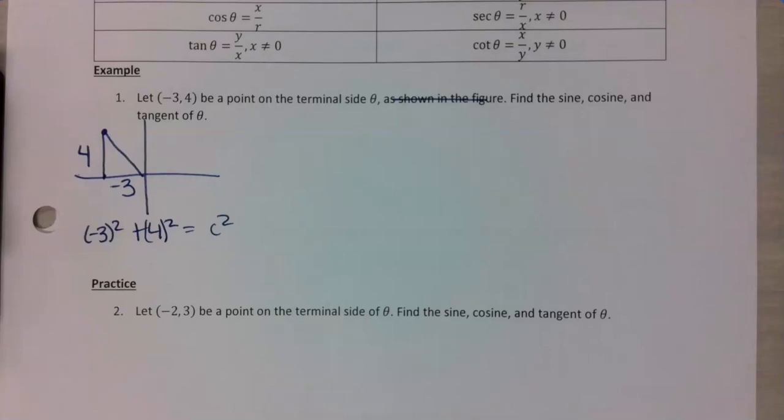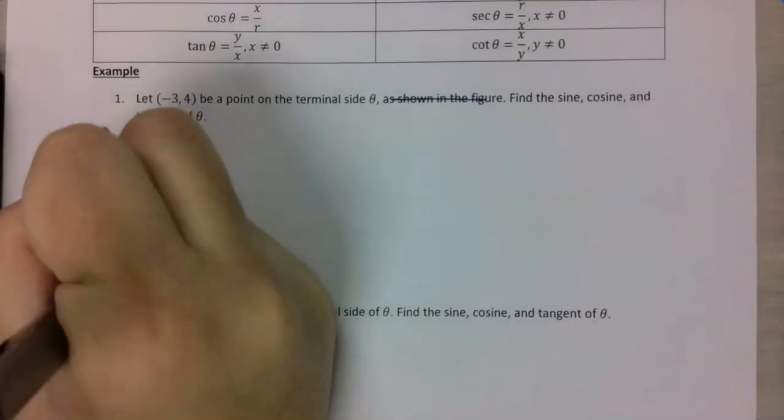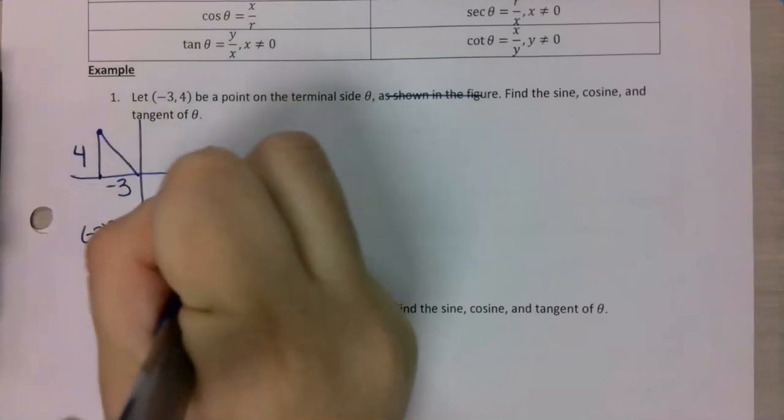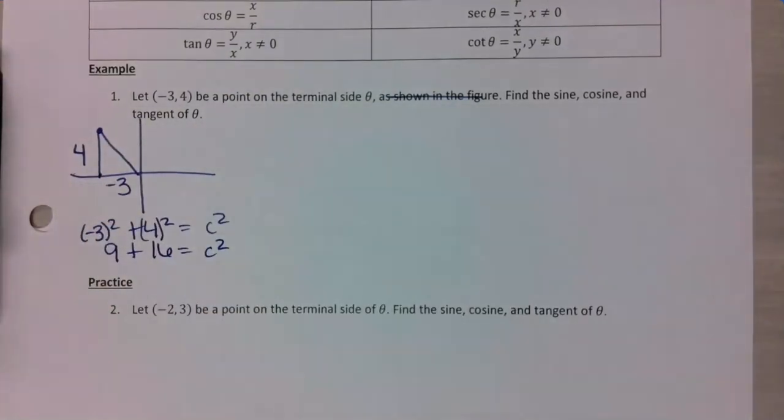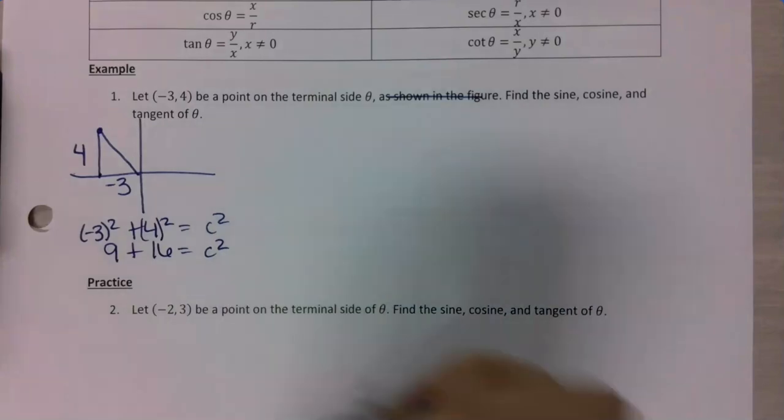Okay, so what is negative 3 squared? 9, and 4 squared? Okay, 9 plus 16 is?